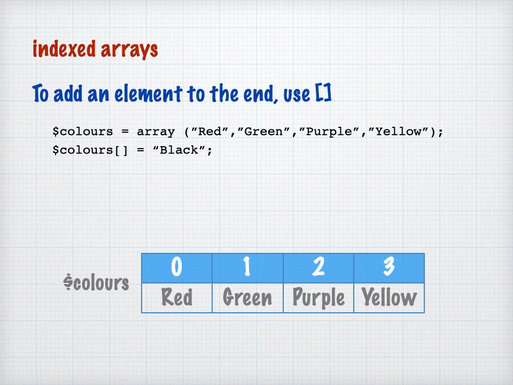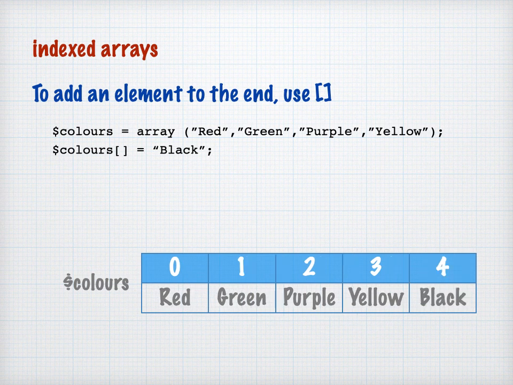So what PHP will do is it will simply add an item onto the end and increment the index counter. So in this instance, it's going to create another box, and inside that box it's going to put the value black, and the index, derived from the sequence, will be the next one up, which in this instance would be 4. Let's have a look at some examples of these.